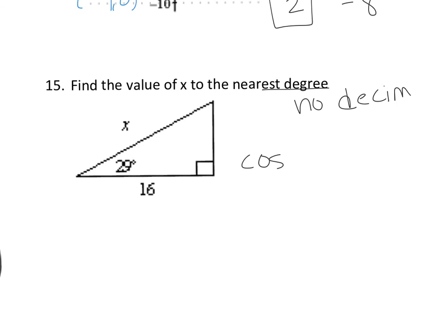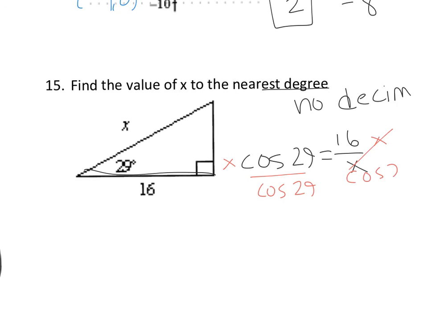So it's going to be cosine of 29 equals adjacent, which is 16 divided by x. So to solve for x, I'm going to multiply both sides by x and divide both sides by cosine of 29. So x equals 16 divided by cosine of 29. Then you can put that in your calculator and round it to the nearest degree, no decimals.